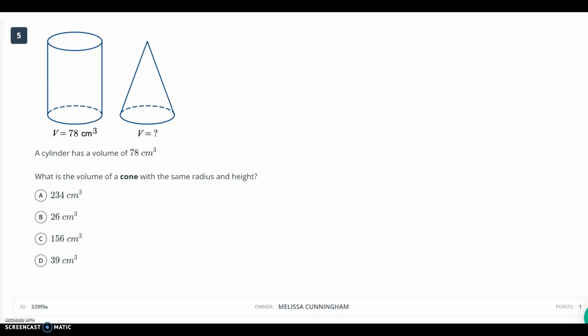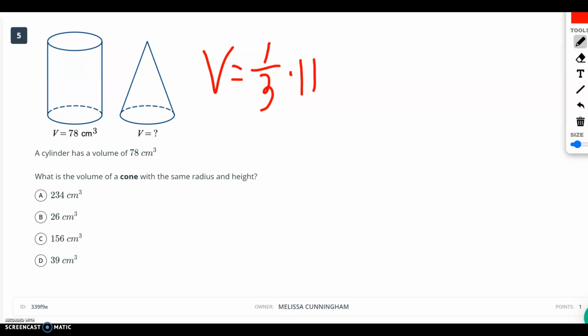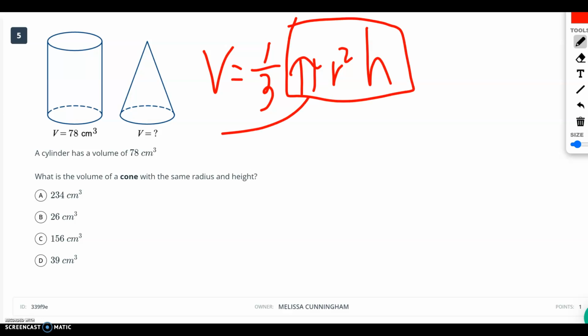This one says a cylinder has a volume of 78 centimeters. So remember our equation, V or volume. And to find it in a cone, it is 1/3 times pi r squared times height. Well, this part right here is the volume of the cylinder, which is 78. We already have that. So all we're basically doing is taking that amount times 1/3.